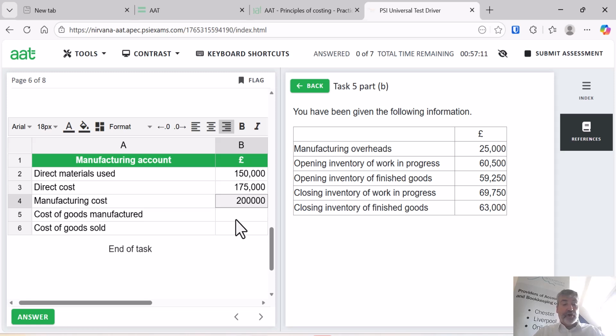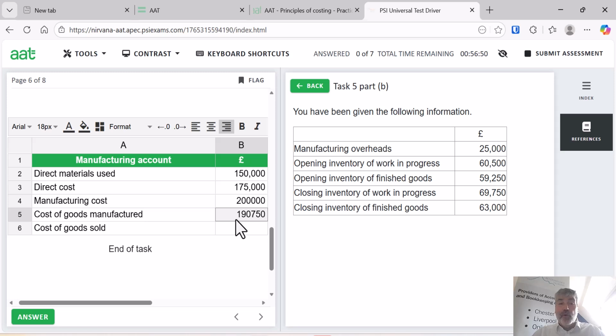That means that the cost of all goods that have been finished in the period and have left the production process and gone into the warehouse waiting to be sold is £190,750.